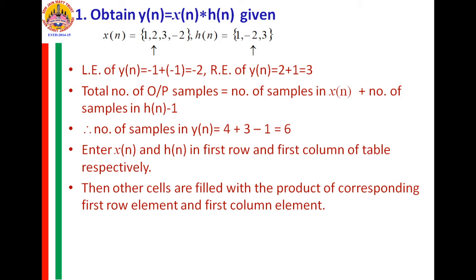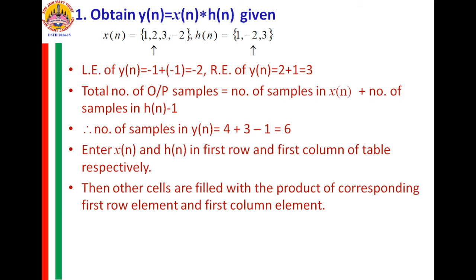So, how the other cells are to be filled out in this table is that each cell in the table shall be filled with the product of the corresponding first row element and the first column element.